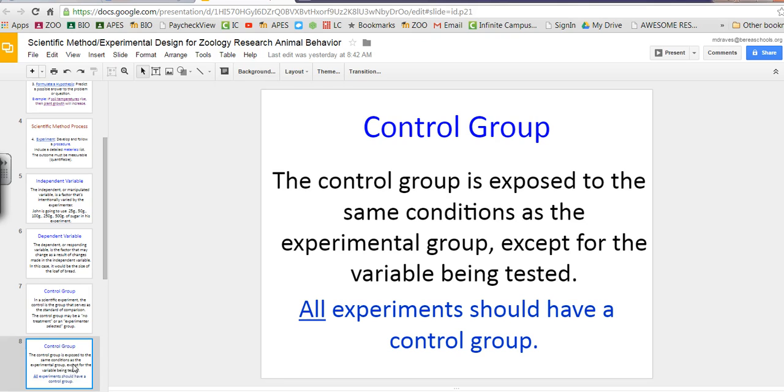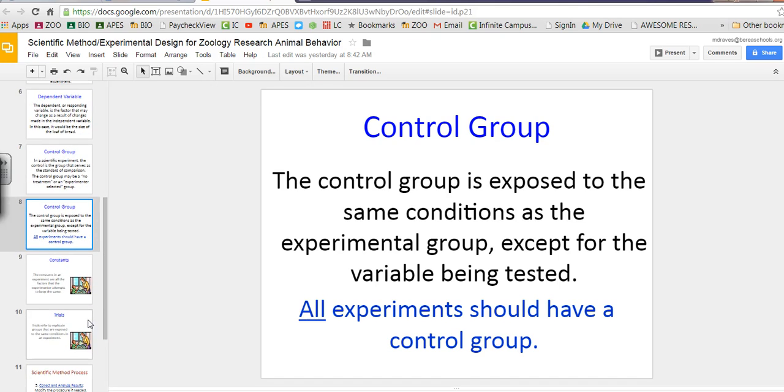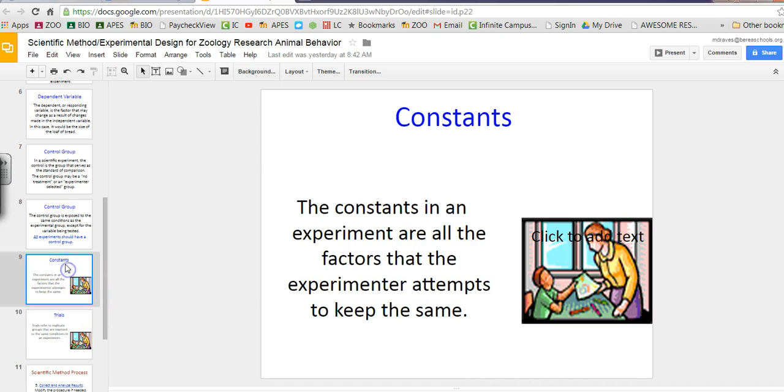The control group is exposed to the same conditions as the experimental group, except for the one variable that you're testing. And that's one thing that you want to make sure of, that you are not testing more than one variable. You have to test one variable at a time. Your constants I mentioned before are all the factors that are kept the same.